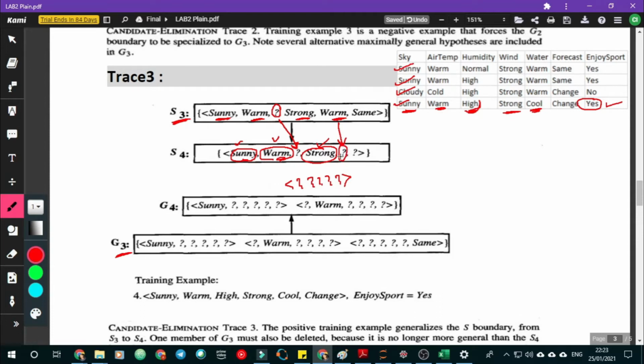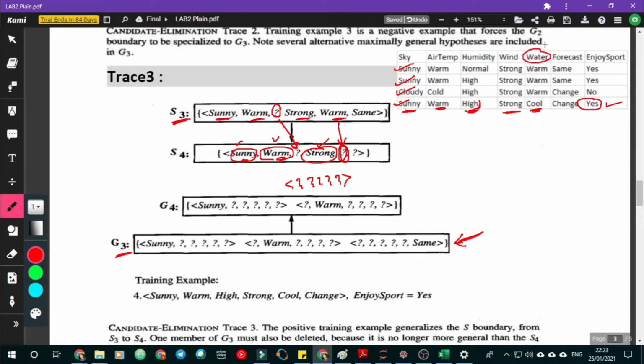Once I change the value of this in the specific, I need to change the value of this particular attribute in the general also. The attribute value belongs to water, right?